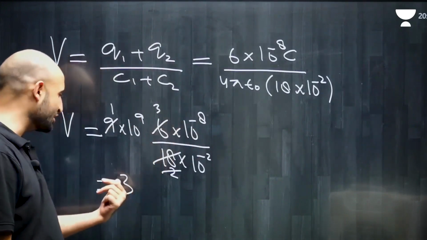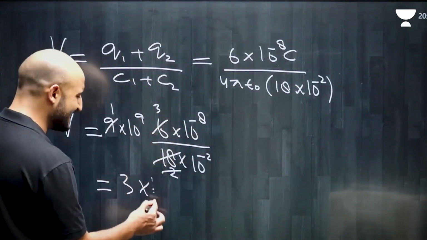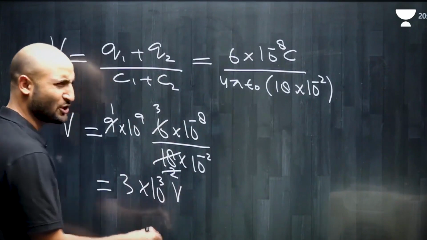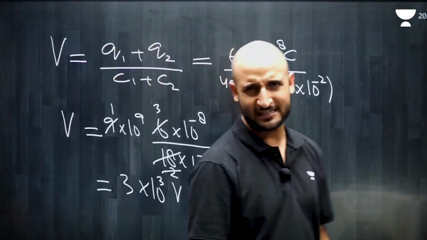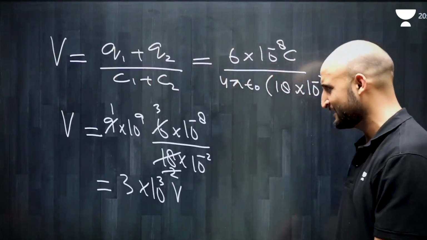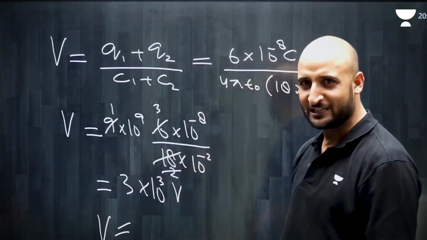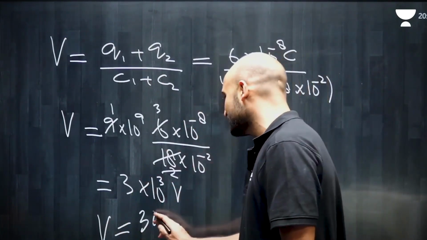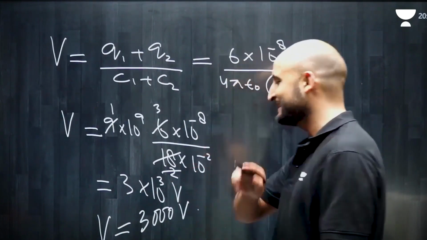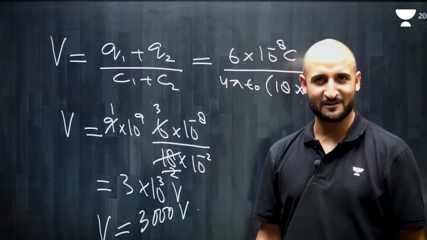That's 1000. Not a big deal. I'm sure this is a simple calculation. Addition, subtraction, multiplication. So that means the common potential is going to be 3 into 10 power 3 volt. That means it's equal to 3000 volt, and that's going to be the common potential.